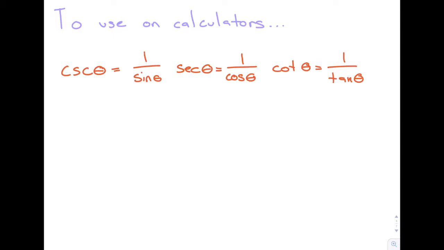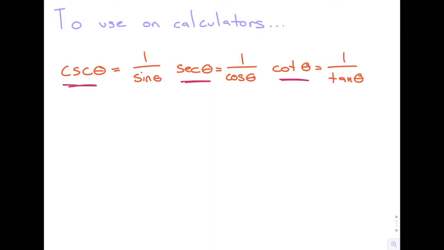So it's important to remember that cosecant is the reciprocal of sine, and we can write that as 1 over sine theta. Secant we can write as 1 over cosine theta, and cotangent we can write as 1 over tangent theta. This is really important because, like I said, you won't always have cosecant, secant, or cotangent on your calculator, so just remember that you have these reciprocal identities to help you out in those cases.